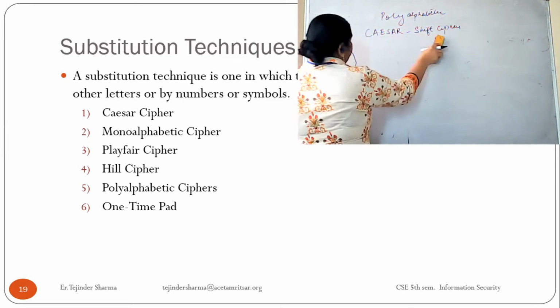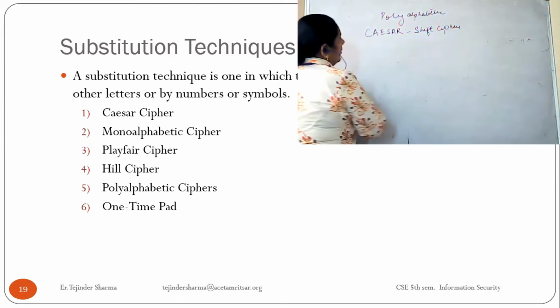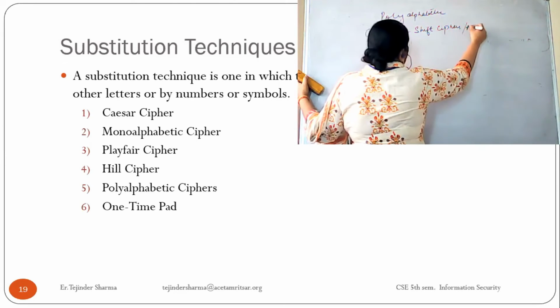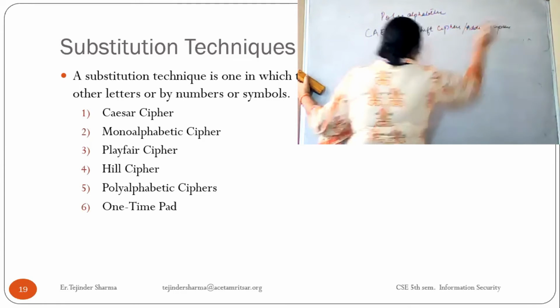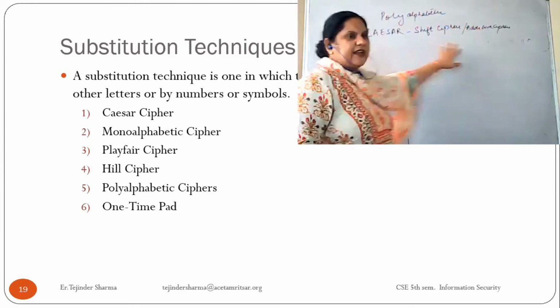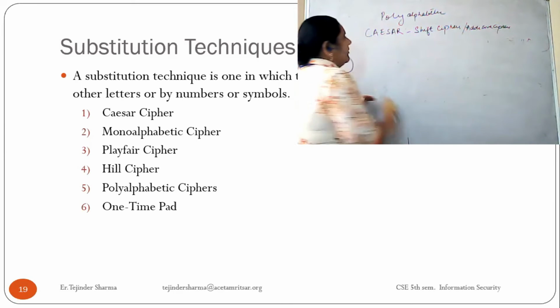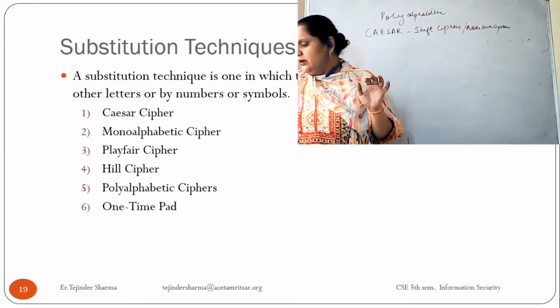They are also known as additive ciphers. They are also known as shift ciphers, additive ciphers, and they were proposed by Julius Caesar.